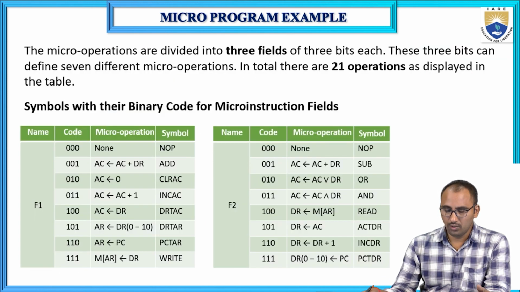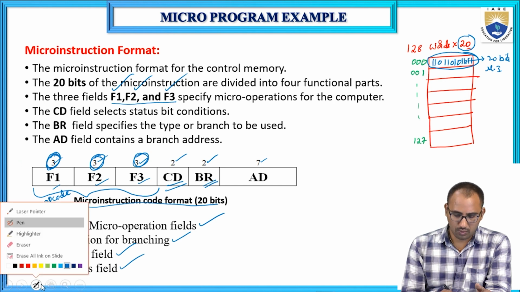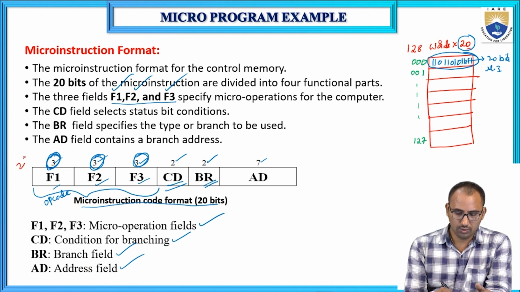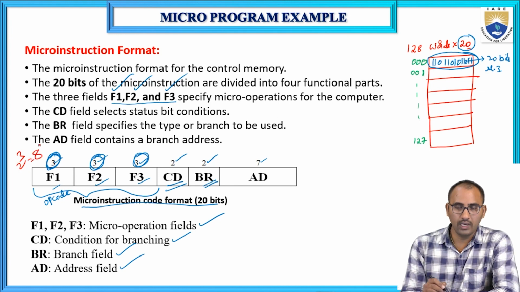Okay. So see here, every micro operation field has 3 bits. With 3 bits it can perform 2 power 3, which is equal to 8.